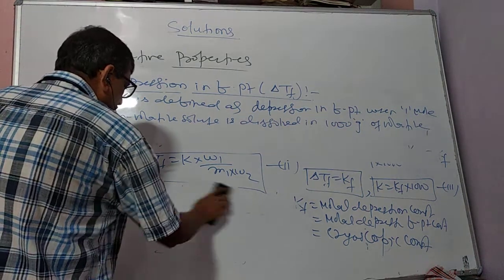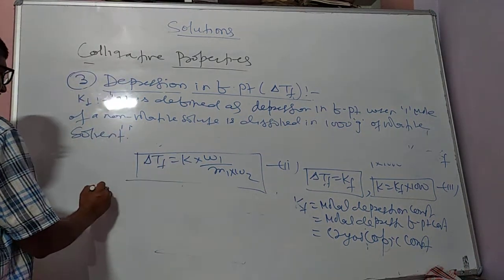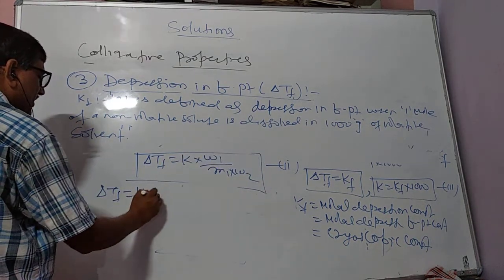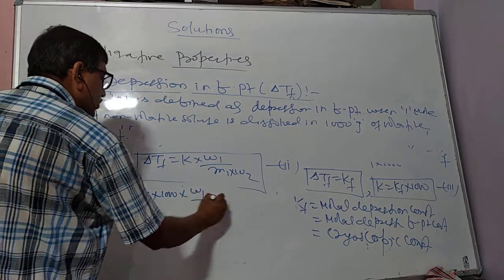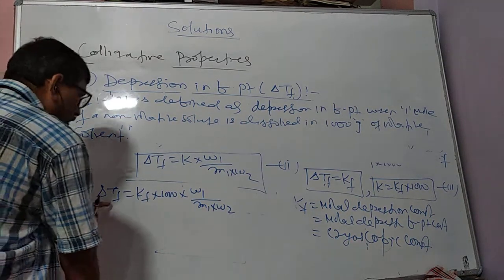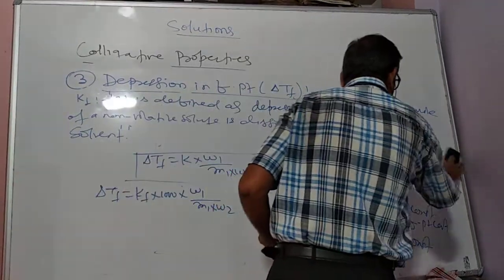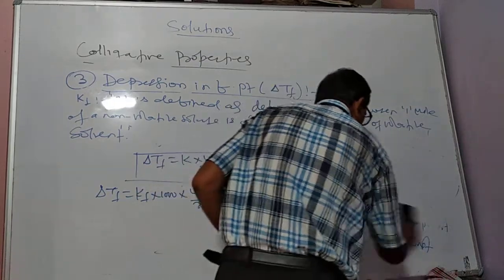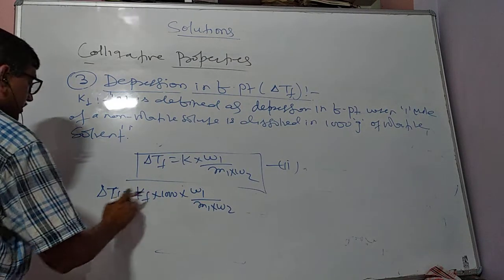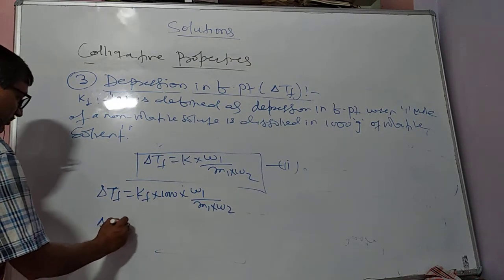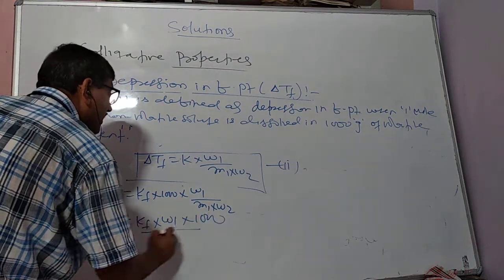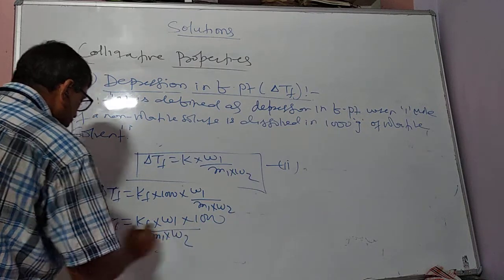Now putting the value of K in equation 2, we get delta Tf equal to Kf into 1000 into W1 by M1 W2. Now we will rearrange this equation. So delta Tf equals Kf into W1 into 1000 by M1 into W2.